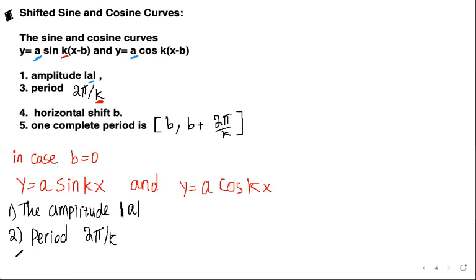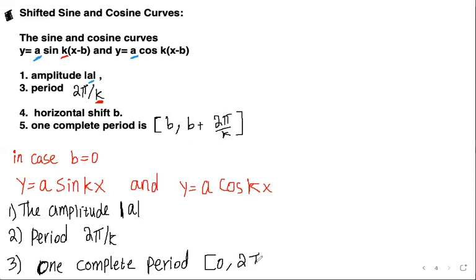For number 3, we have one complete period, starting from 0, comma, 2 pi over k. This is the difference between if b equals 0, or b is not equal to 0.